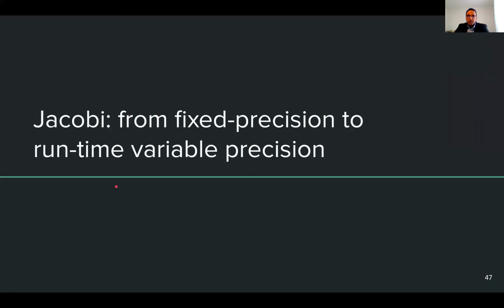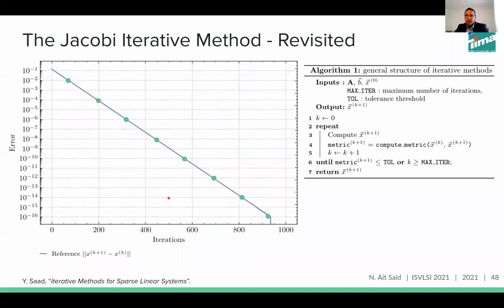Now we can talk about how to transform the original Jacobi algorithm from fixed precision to runtime variable precision. If we get back to the Jacobi algorithm, we can now enable variable precision in time thanks to the underlying FPU architecture that we just presented.